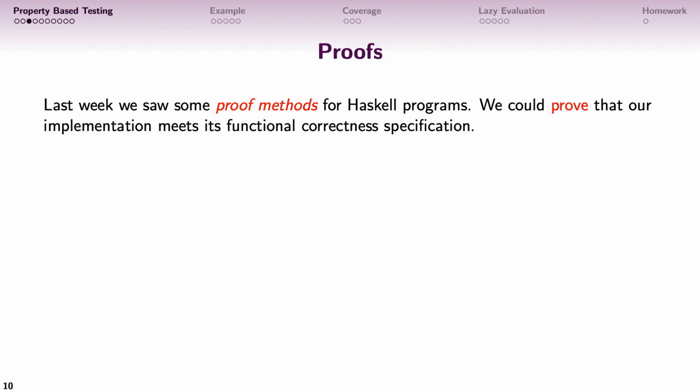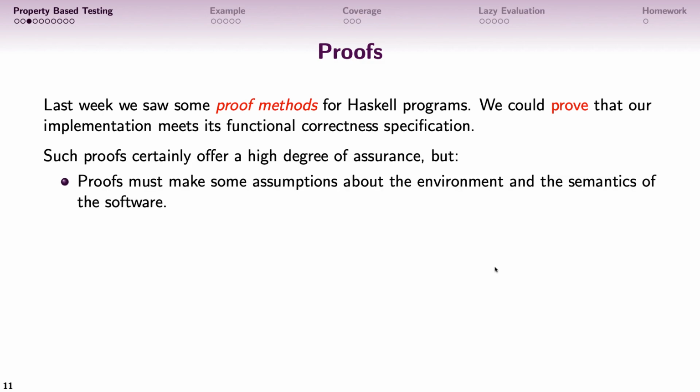Because all proofs will have to make some degree of assumption about the environment of the software, like what computer it is executing on, and what assumptions about the hardware you have to make, things like that, as well as the semantics of the programming language in which it was implemented. So seL4, for example, which was proven correct against a functional correctness specification, was implemented in C. And there's no mathematical definition of what a C program means.